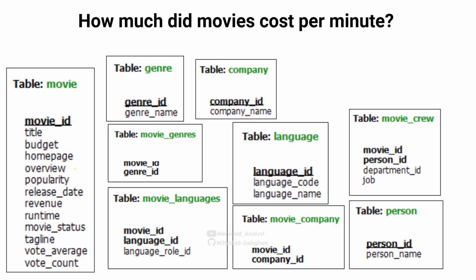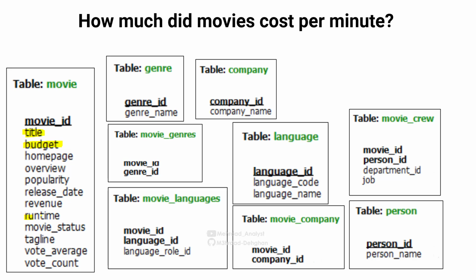I want to highlight them. We need title because this question is asking about movies, so it makes sense. We have the title of the movies. We need the budget because we want to see how much the total movie costs, regardless per minute.